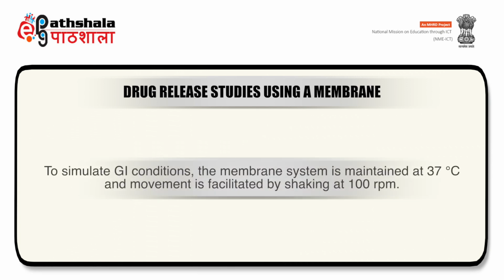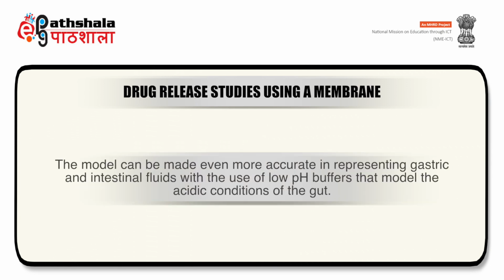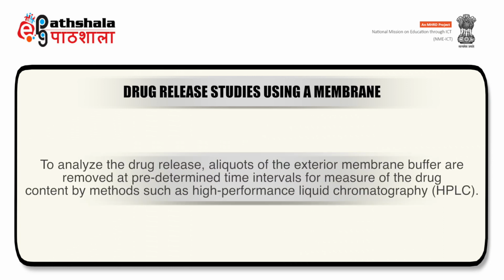To simulate GI conditions, the membrane system is maintained at 37 degrees centigrade and movement is facilitated by shaking at 100 rpm. The model can be made even more accurate in representing gastric and intestinal fluid with the use of low pH buffer that models the acidic condition of the gut. To analyze the drug release, aliquots of the exterior membrane buffer are removed at predetermined time intervals for measurement of the drug content by methods such as high performance liquid chromatography.